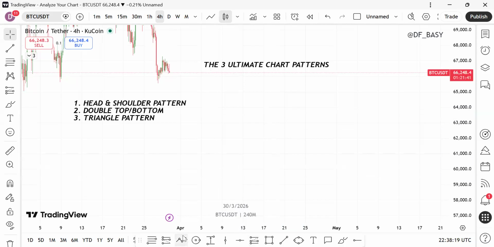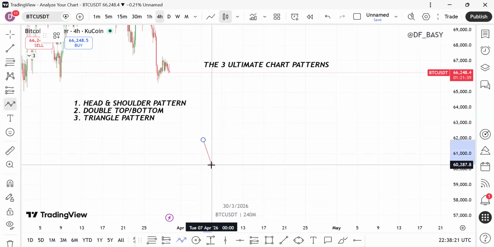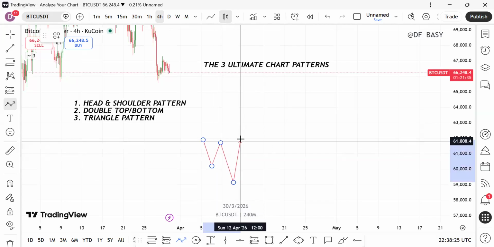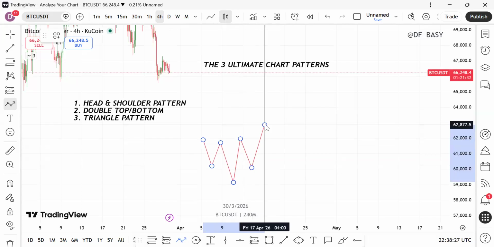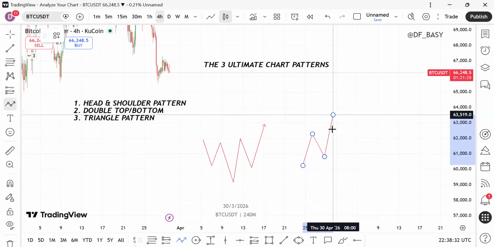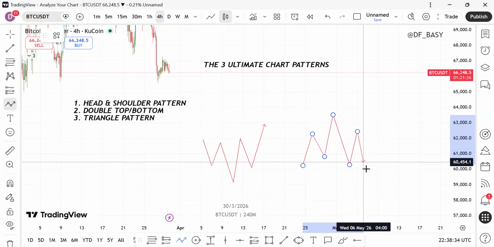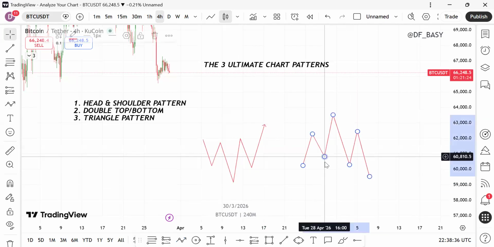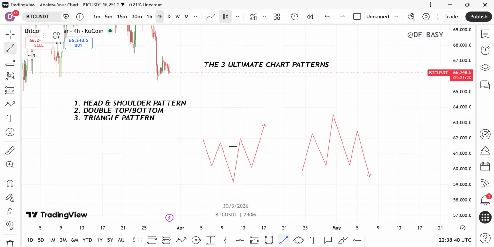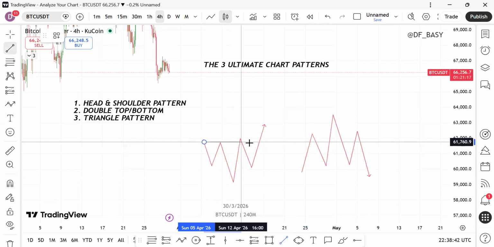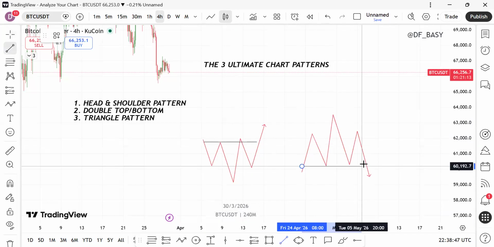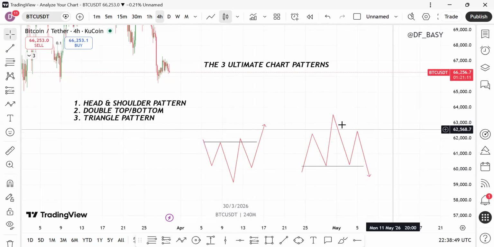So this is how the head and shoulder pattern looks like, right? We have it like this. In the head and shoulder pattern, this is our neckline. This is the head and shoulder pattern.